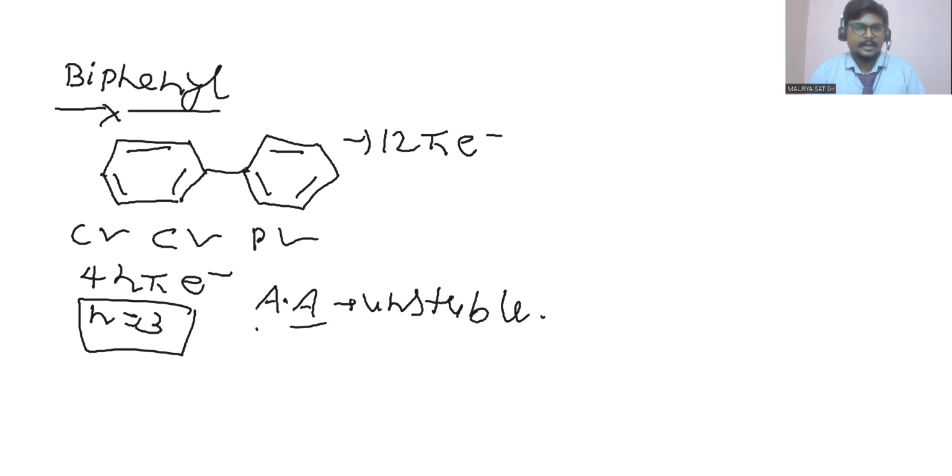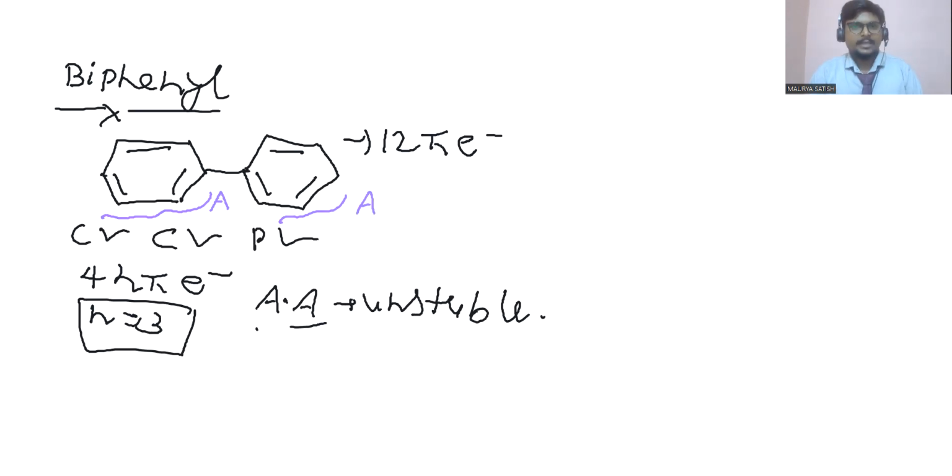But if you see the individual compounds, this compound has 6 pi electrons satisfied. This compound also has 6 pi electrons satisfied. 4n plus 2 pi electrons, follow the rule of aromaticity. That means this individual ring is aromatic, and this individual ring is also aromatic.